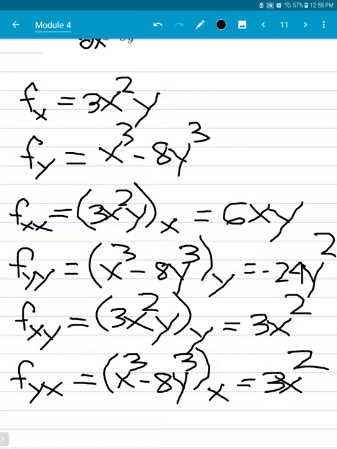Observe that the two cross derivatives are equal. In fact, that is always true for continuous two-variable functions. We won't be proving that, but we will be assuming throughout the course that the two cross derivatives are always equal. But whenever asked for each, you have to show a solution for each.